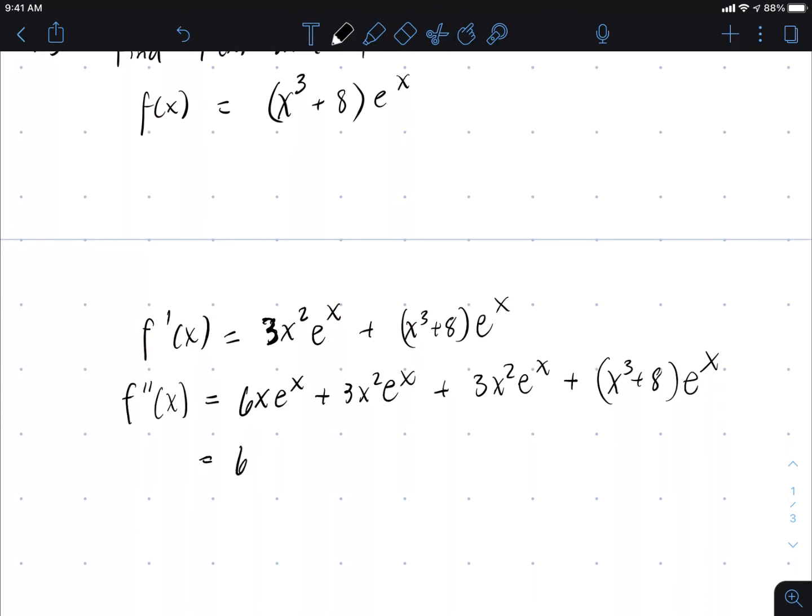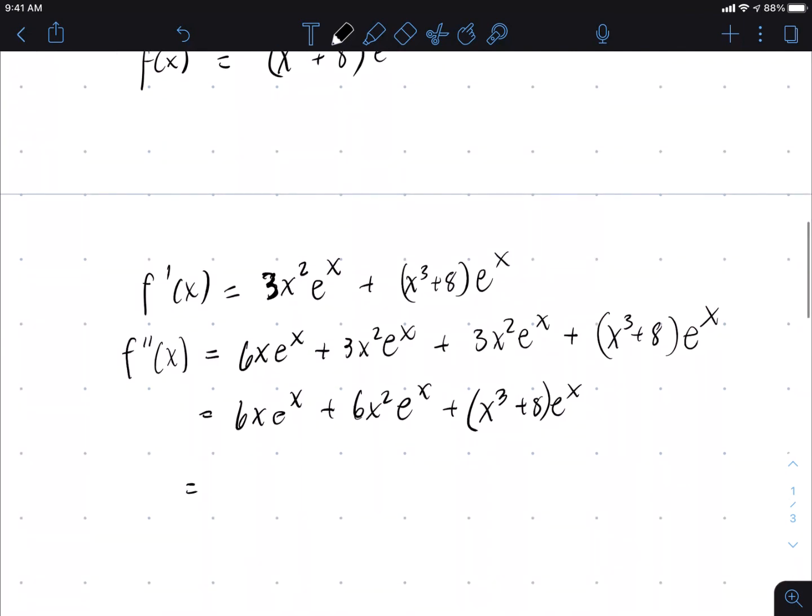So I can clean that up and get 6x e to the x plus 6x squared e to the x plus x cubed plus 8 e to the x. And then we could pull out an e to the x if we want, right? And if we did that, what would we get? I'll do it in descending order. And that's the answer to the second derivative. Any questions on that one?